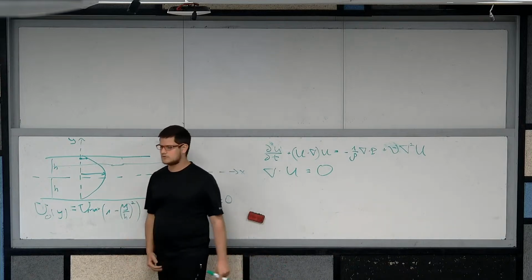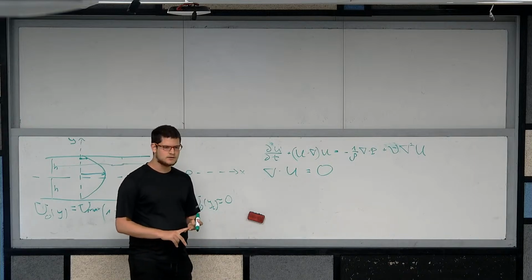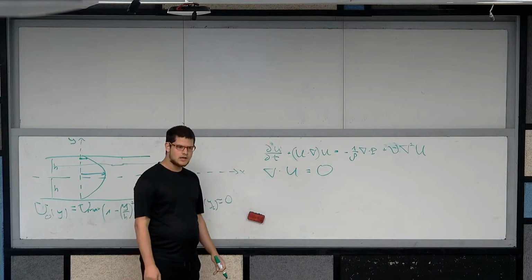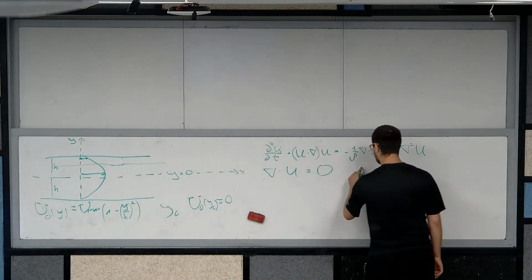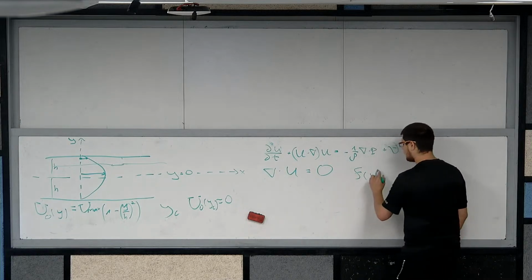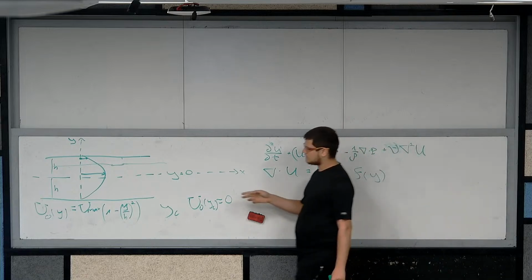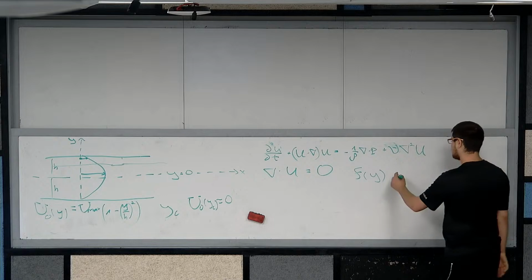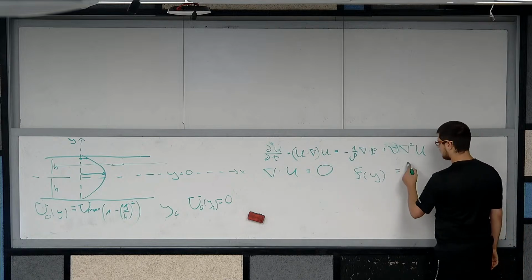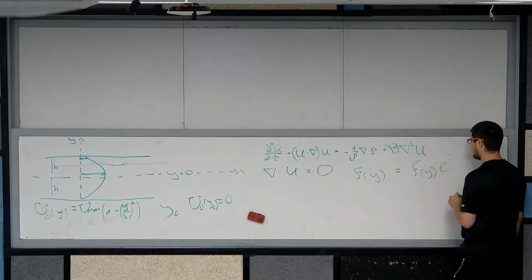We want to do some perturbation on ux, uy, and p, and we assume all perturbations are in the form of f of y. They will only depend on y because you have symmetry in the x-axis, right? And the other thing is, let's write that as f of y tilde times e to the i.